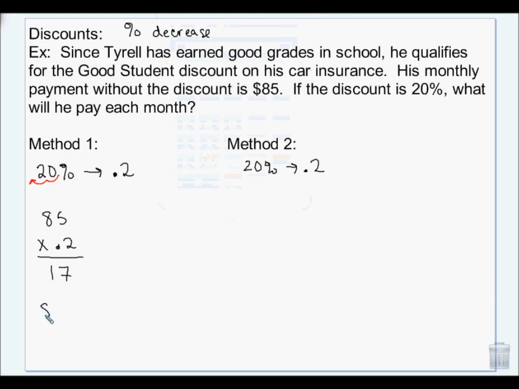It's a discount, so I'm going to subtract 17, so it's $68. That's method 1: two steps. Here's our discount, and then you subtract it.